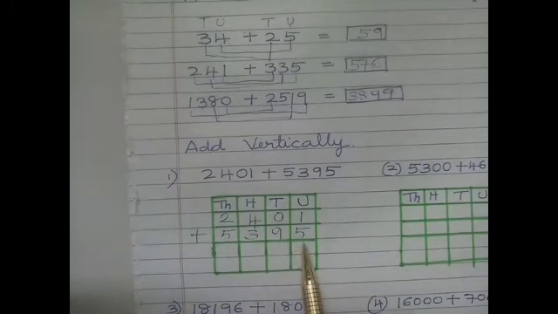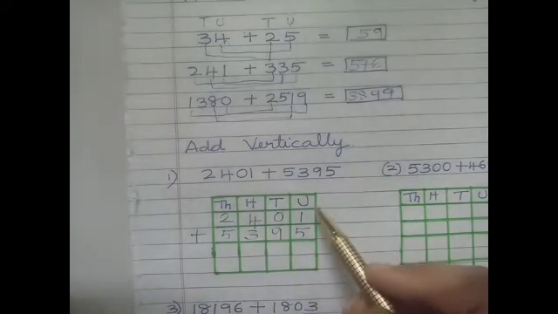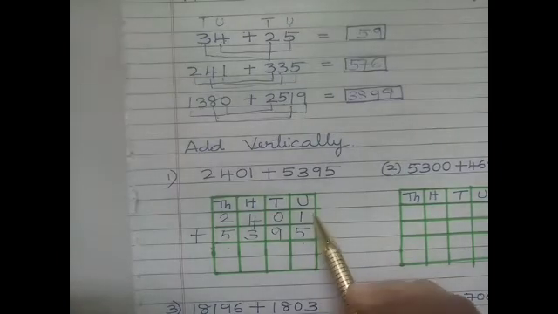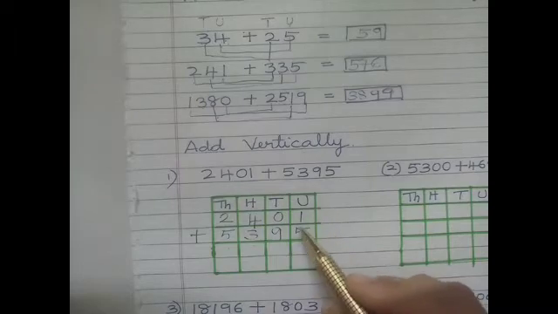While adding these numbers, you have to start from the units place. This you have to keep in mind. Always we have to start from the units place. So let us add it.